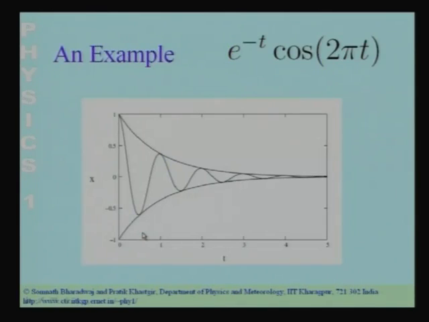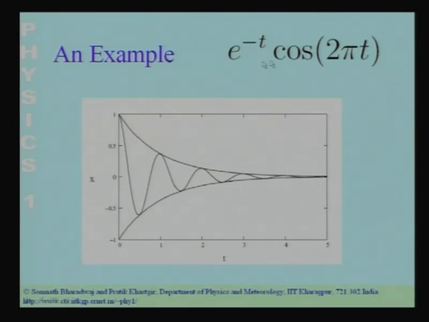So it has both the amplitude as well as the phase of the oscillation. Let us now have a look at what this oscillation looks like. This shows you an example of the underdamped oscillations. The particle continues to oscillate just like in the situation where you had no damping. You have these oscillations, but the amplitude of the oscillations falls exponentially.